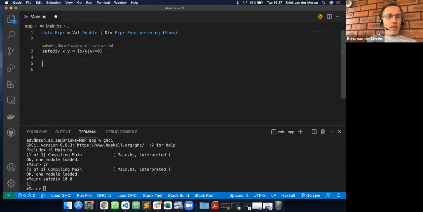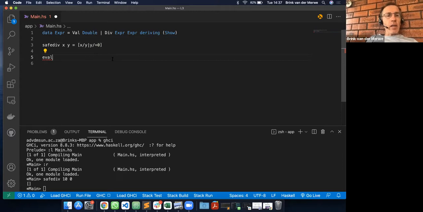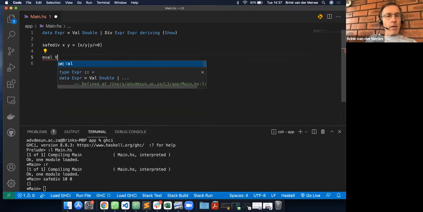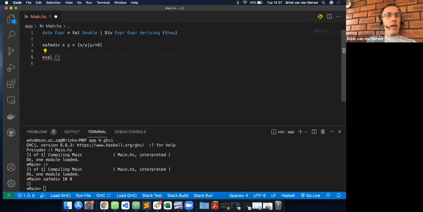So now that we have a safe diff, let's again implement eval, and instead of using the maybe type, I want to use lists. If I do eval, the expression could be either val of a double or it's the division. So we need 2 cases. First, val of n.